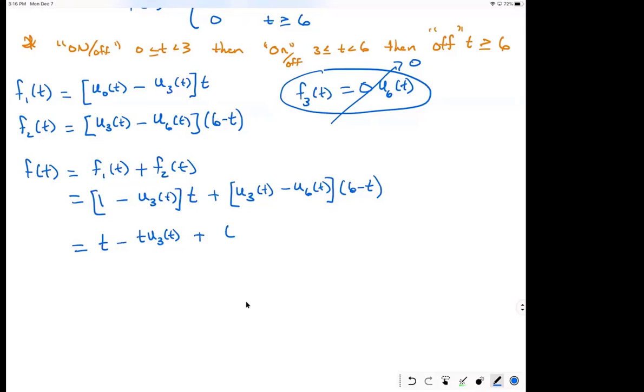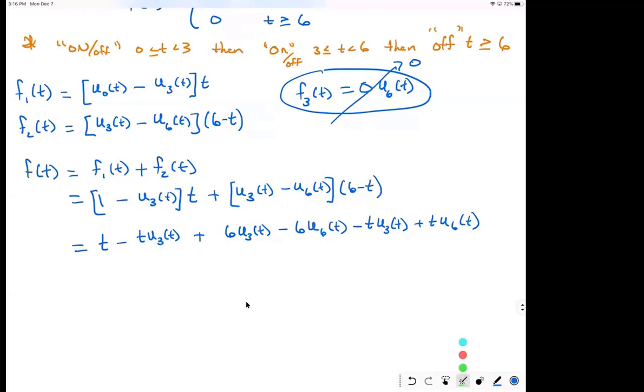So this would be 6 times u sub 3 of t, and then minus 6 times u sub 6 of t, and then minus t times u sub 3 of t, and then plus t times u sub 6 of t.